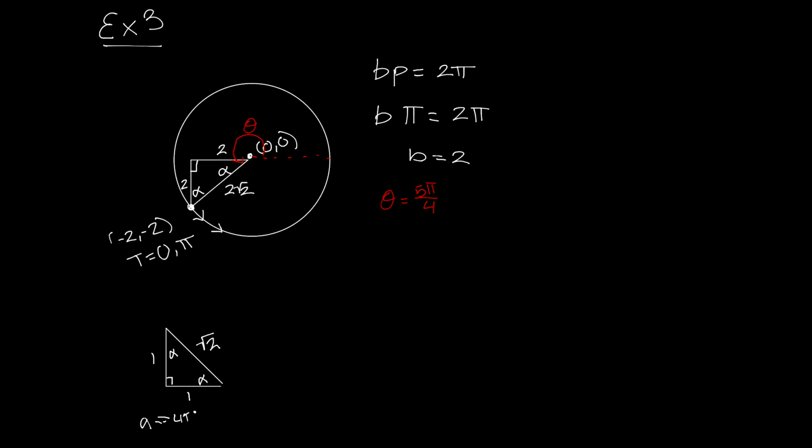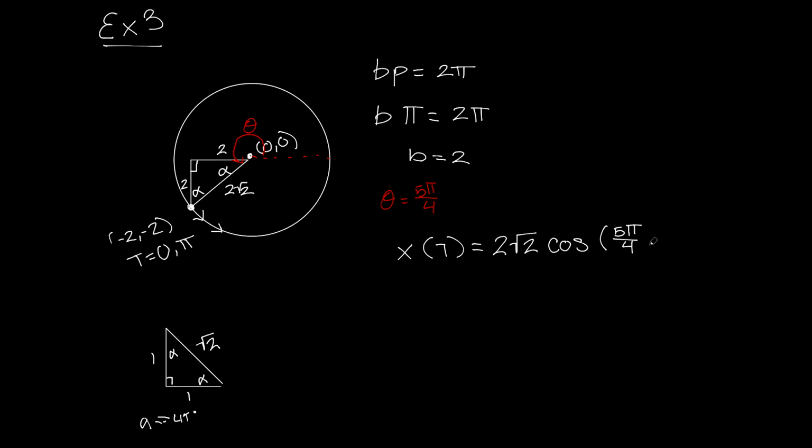Now let's assemble. Now we have enough information to assemble our parametrics. So we have our x of t equals. So we know that we have our radius of 2 root 2, which we found using the 45, 45, 90 degree triangle. Then we have our cosine. We have our angle, which is 5 pi over 4.